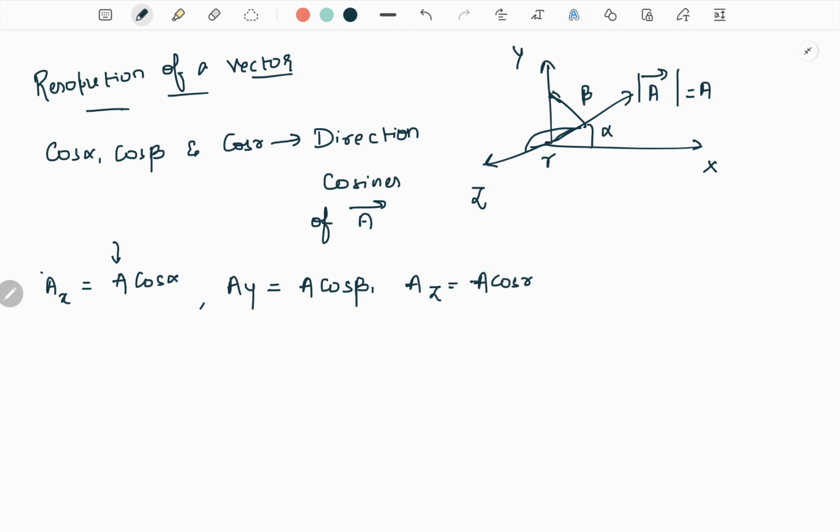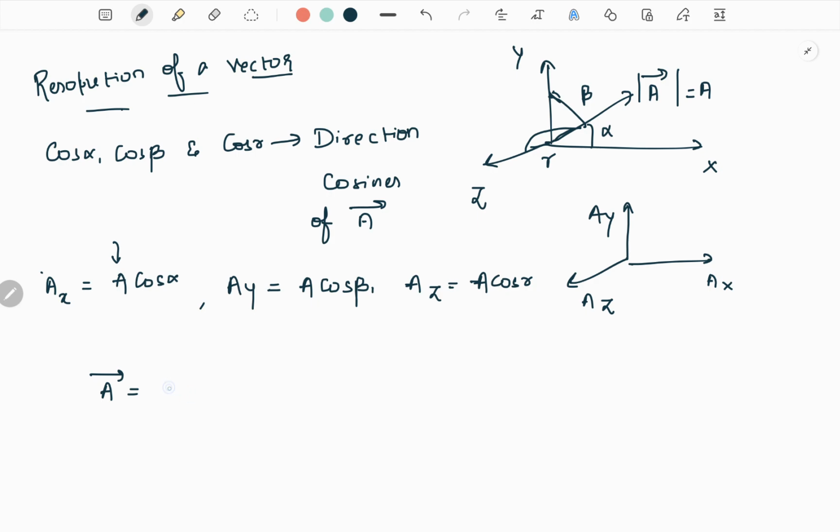So these are the magnitudes of the x, y and z components: ax parallel to the x-axis, ay parallel to the y-axis, and az parallel to the z-axis. Now I wish to represent this vector a bar as the sum of its three components, the x, y and z components.